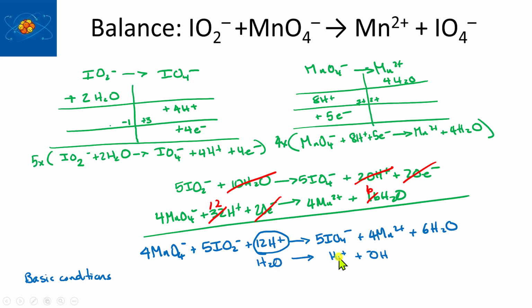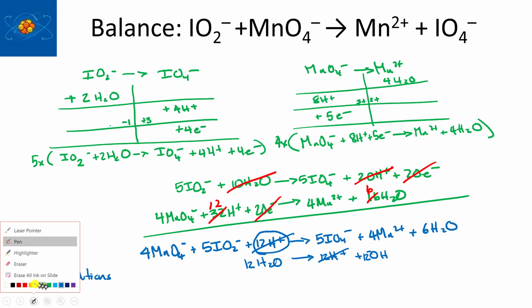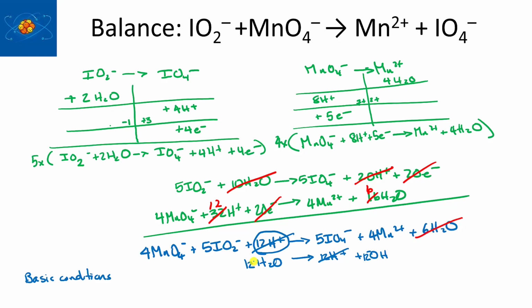Well, I need to add 12. So I'm going to go 12, 12, and 12. And then what happens is my H pluses will cancel. Now I have waters again that I can cancel. Again, I do advise, get a different color pen when you do these. All those will go away. There's 6, so don't lose track of that. And then I have 12 OH minuses over here.